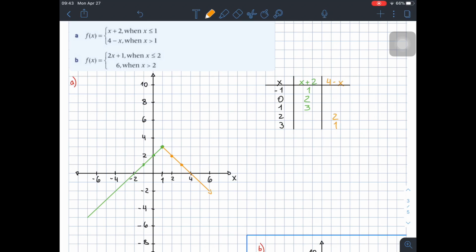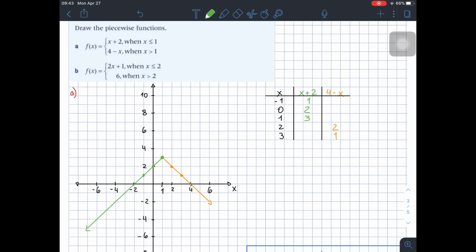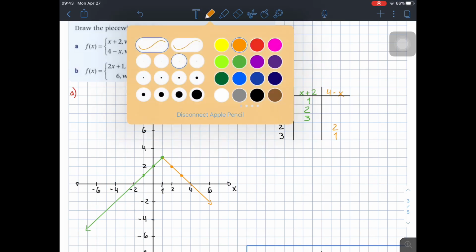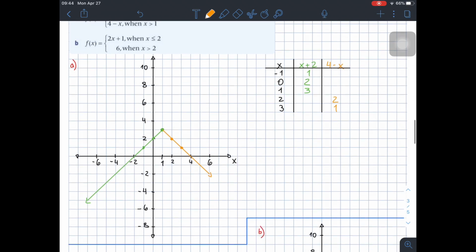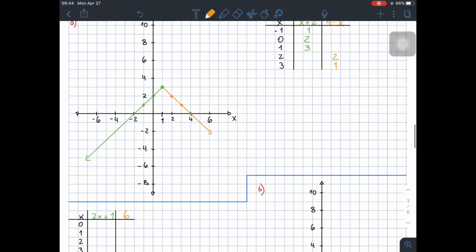So this continues here and the green one continues down here. So this is what a piecewise function is about. For x less or equal than 1, it behaves this way, and for x greater than 1, it behaves this way. That's a piecewise function, and it's as easy as that.